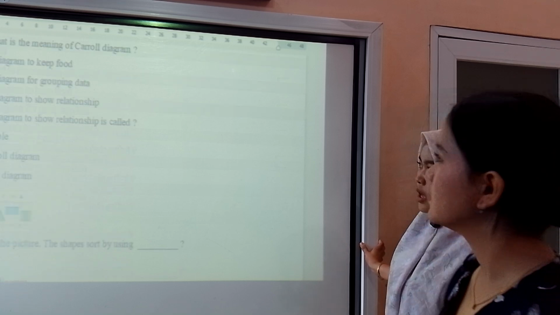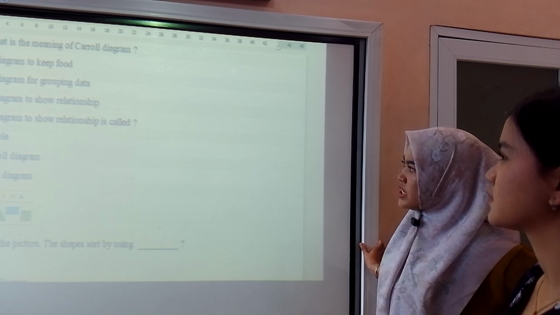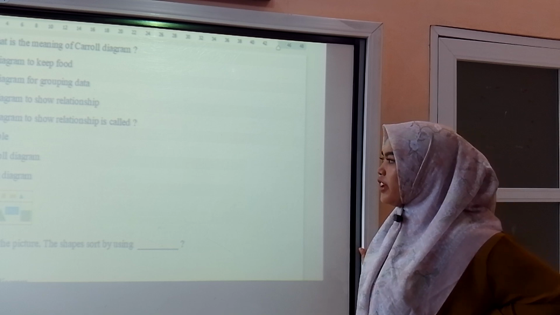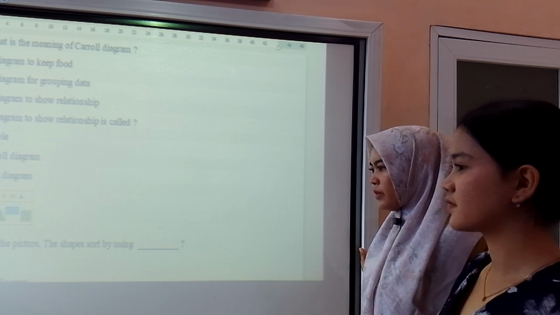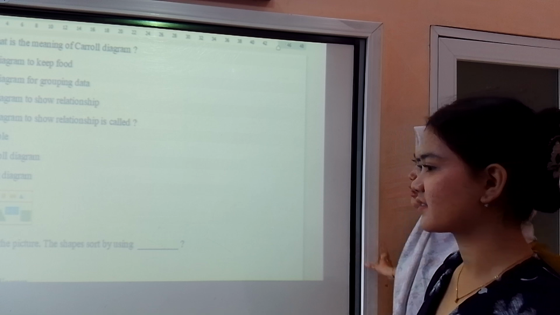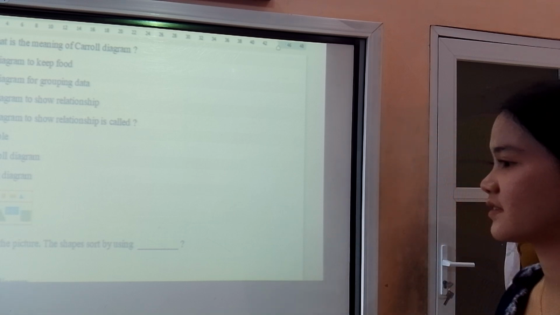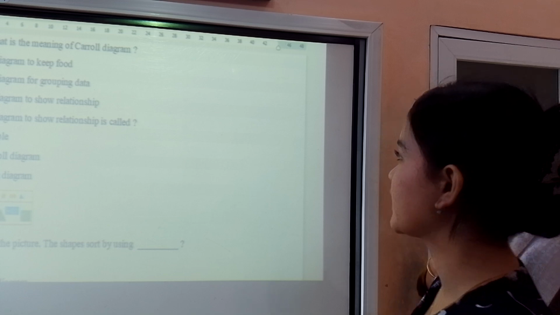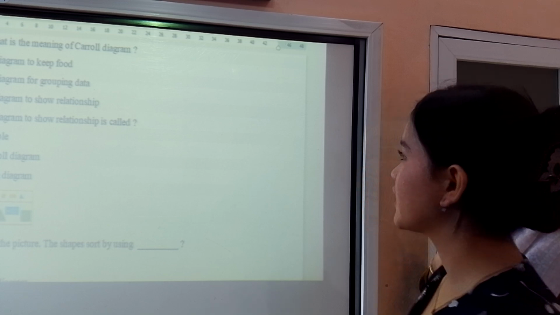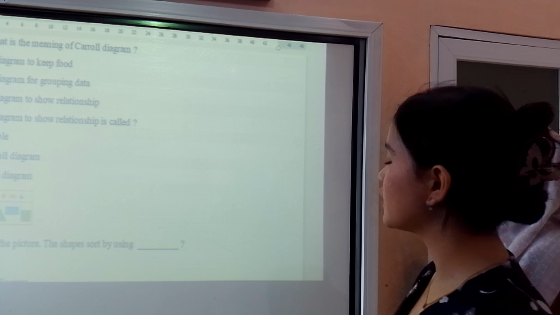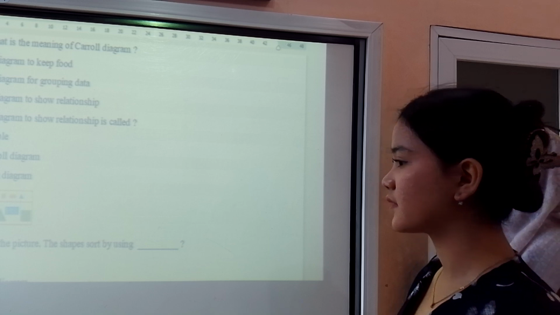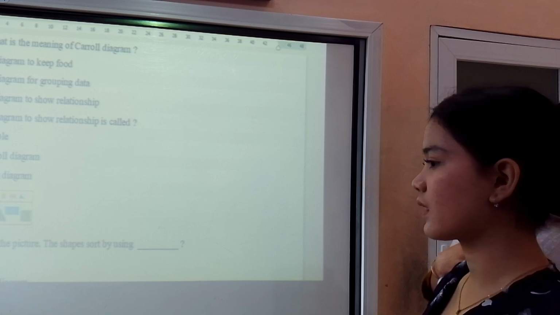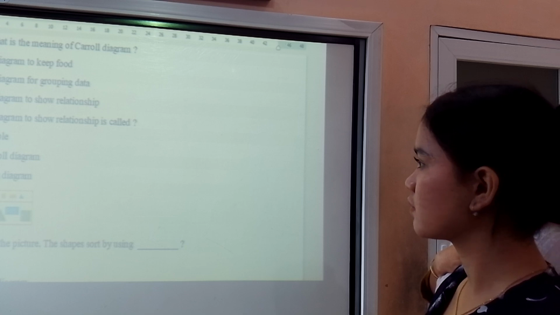Next, David. A diagram to show relationship is called a Venn diagram, C. But you put here the answer is B. No, miss.